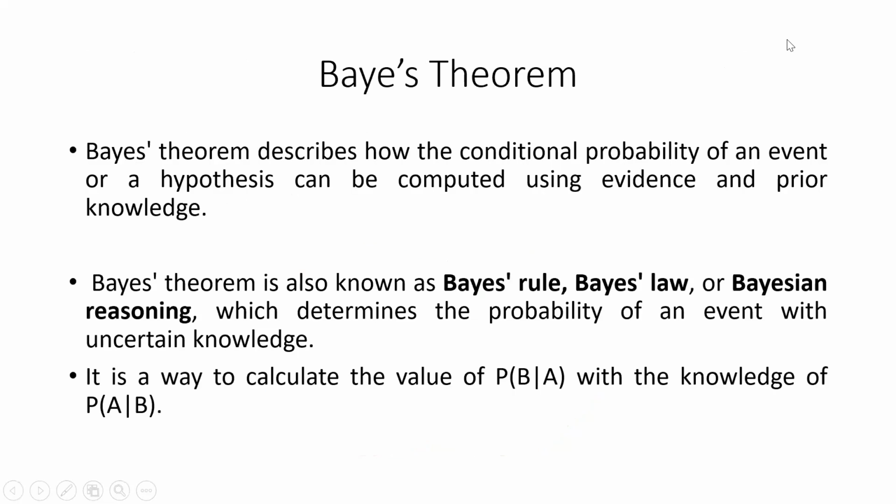Now we have some basic knowledge of conditional probability, so it is easy for us to understand the Bayes theorem. We're going to use this in our Bayes theorem as well, right? Bayes theorem describes how the conditional probability of an event or hypothesis can be computed using evidence and prior knowledge, right?